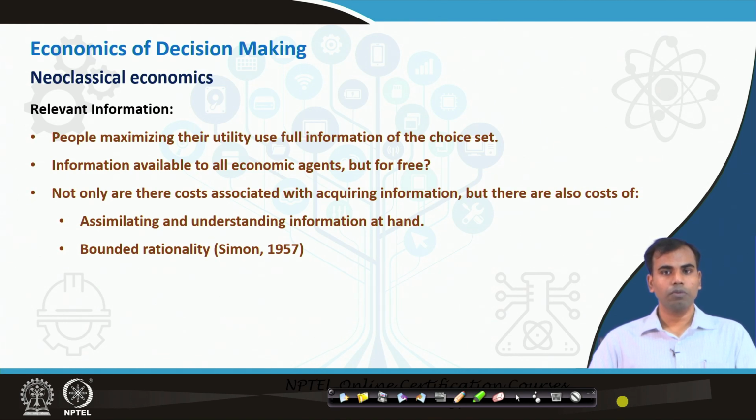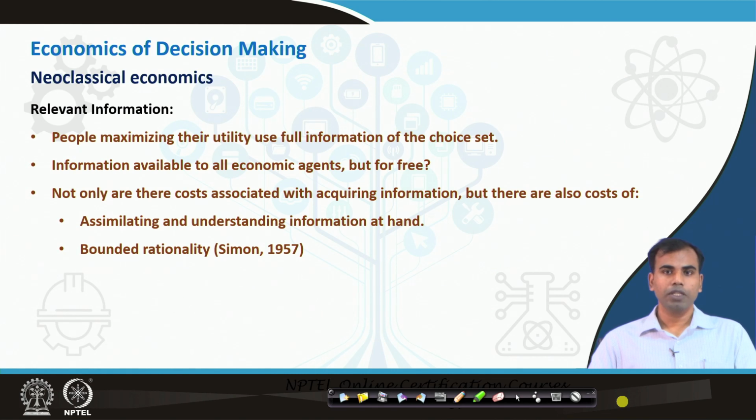Now, when we look from the neoclassical economic framework, this assumption is perfectly fine, but when we try to understand it in the context of realistic decision making processes, it does not make sense, because when it comes to incorporating economic information and basing decisions on that, not all of us are equally capable of incorporating each and every piece of information.